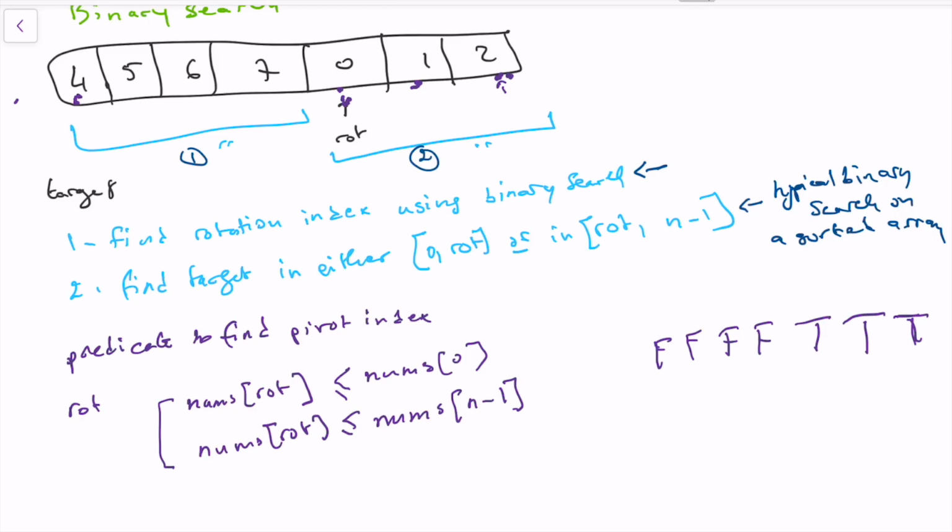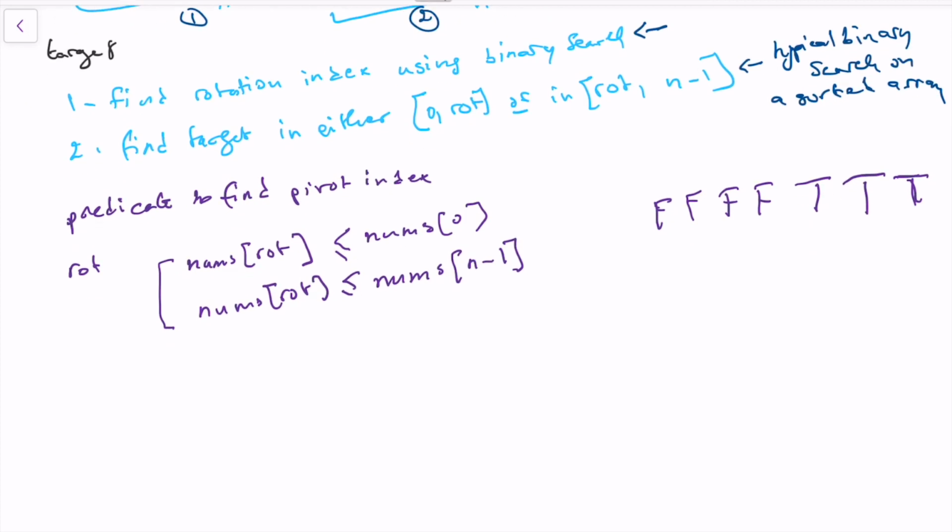Now let's just explicitly write our predicate here. So the predicate is p of x, where x is what we are looking for, which is the pivot. It's smaller than the first element, right? And it's smaller than the last element. So smaller than the first element and smaller than the last element.